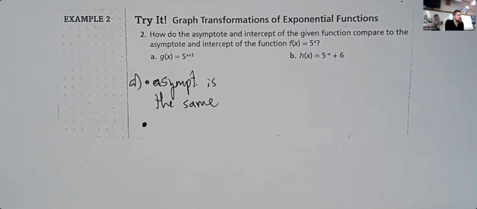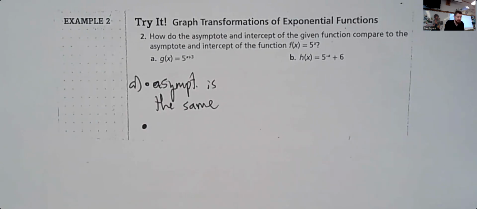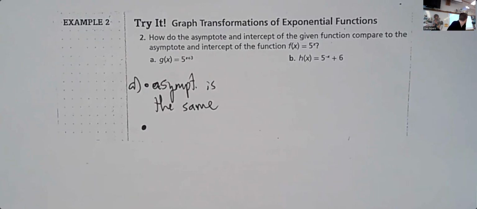What about the y-intercept? It was 1. What do you think it is now? The y-intercept. Because the asymptote doesn't change, it still levels out at 0.